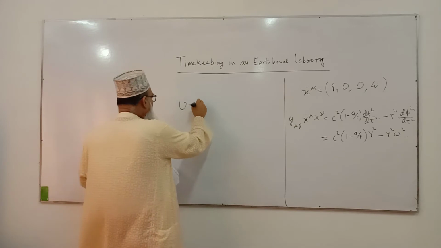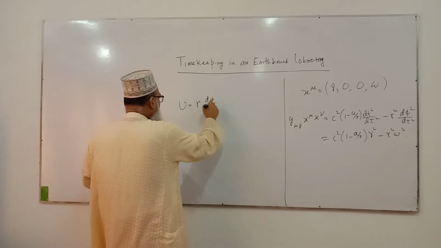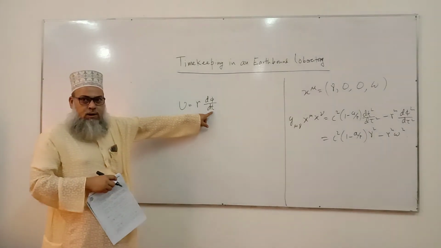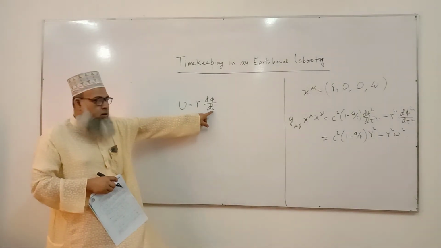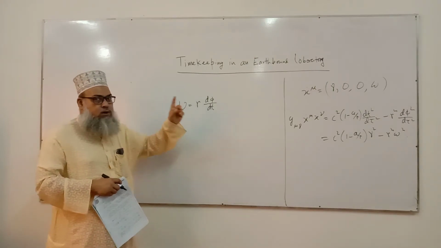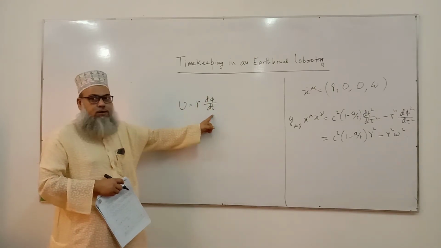Surely this is r dφ/dt, because the distant observer has a time t. V equals rω, the formula we know. Omega is dφ/dt.